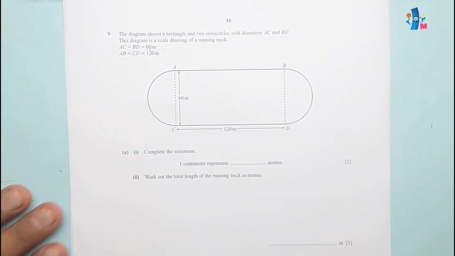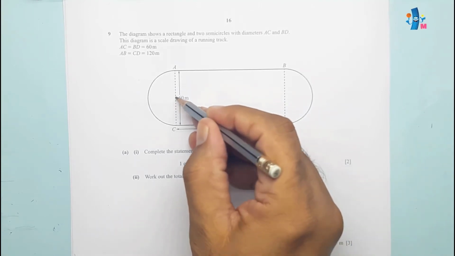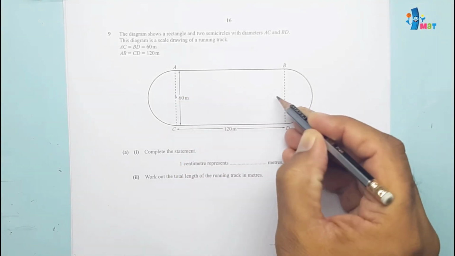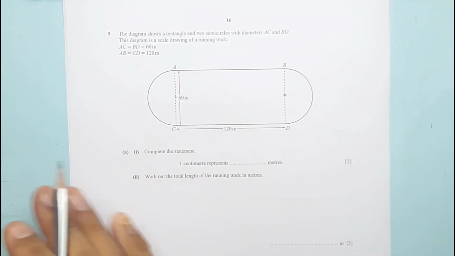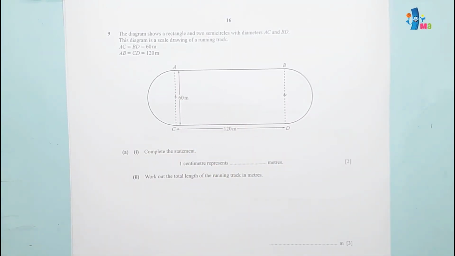Next, question number 9. The diagram shows a rectangle and two semicircles with diameters AC and BD. AC is 60, so half of 60 will be the radius, which is 30 meters. This is the center, so half will be the radius. Complete the statement: 1 centimeter represents how many meters?